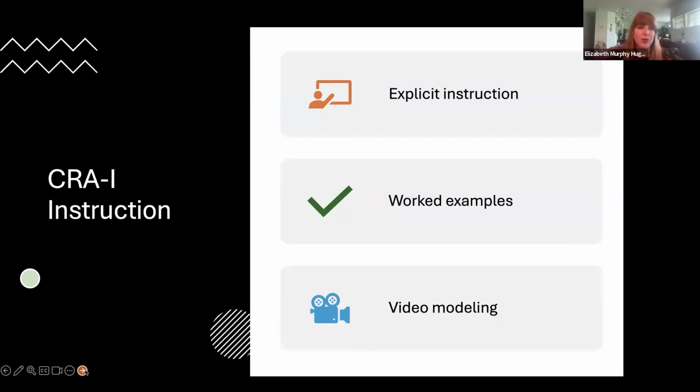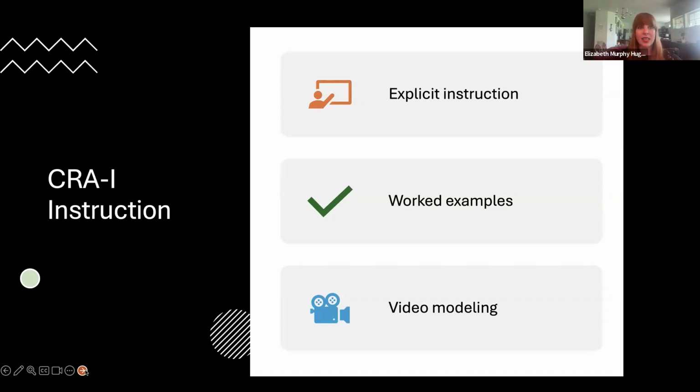So, shifting into how to incorporate it into your instruction. The research supports using it. I'm going to go over three different ways that you can incorporate it into what you're already doing. The first is through explicit instruction. The next is using worked examples. And the third is using video modeling.